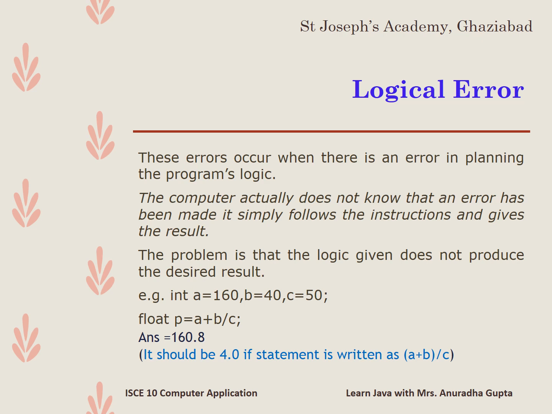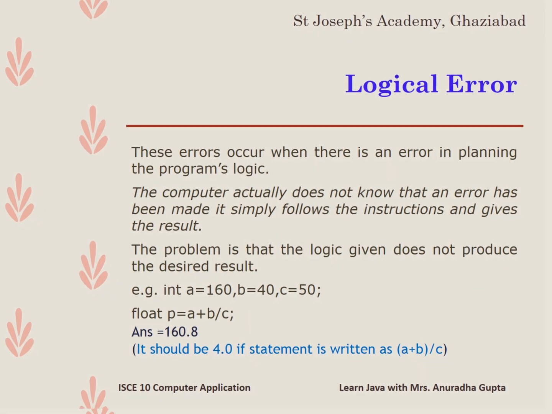Instead of the whole (a + b) divided by c, we have put b divided by c, where we get the output 4.0. Instead of 4.0, we should get the output 160.8 because we forgot to put a plus b in the bracket. This is the logical error.